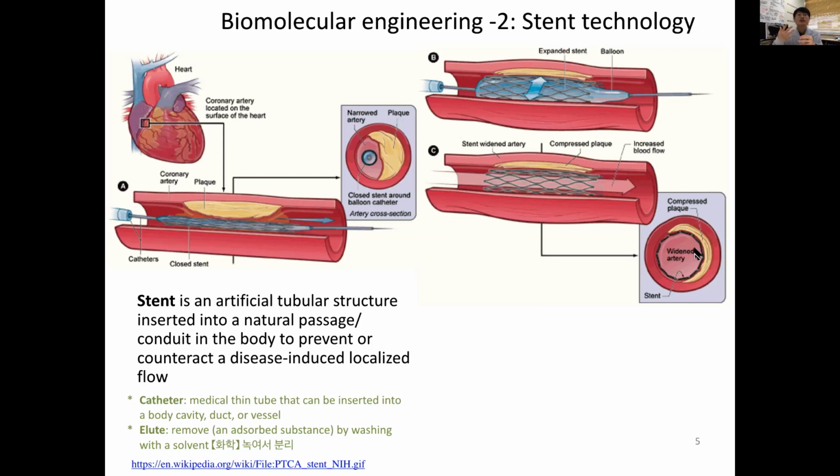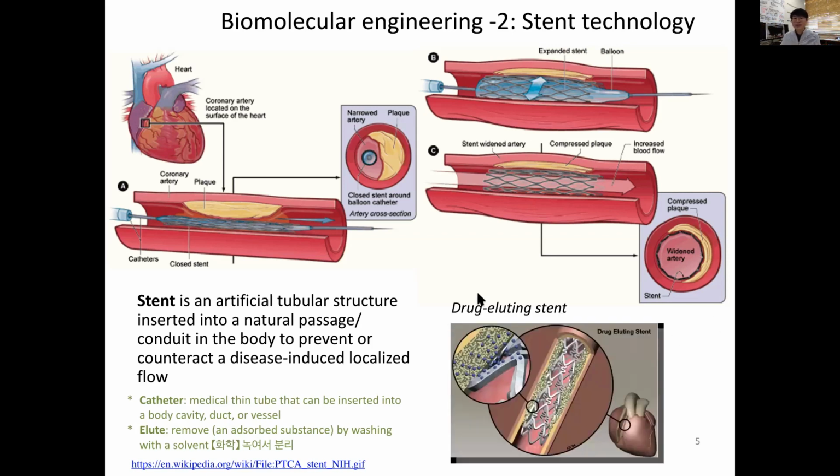But this has to be well designed, so that the drug slowly releases its effective molecules and agents so that it prevents the plaque from regrowing. So this is the technology, an idea called drug-eluting stent.